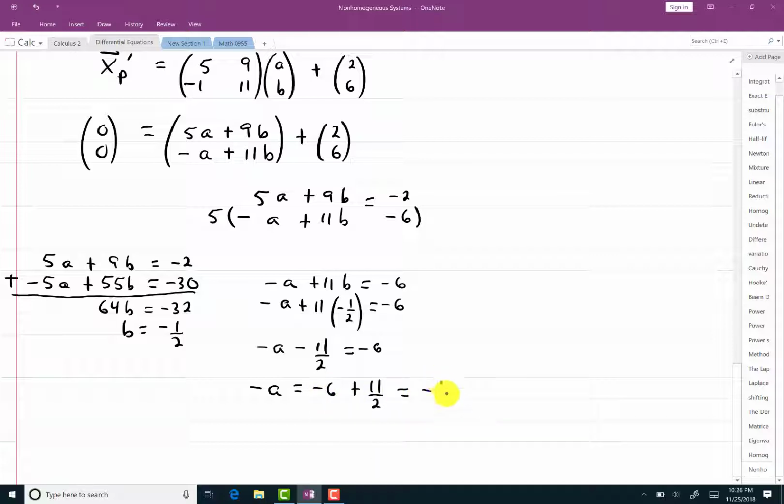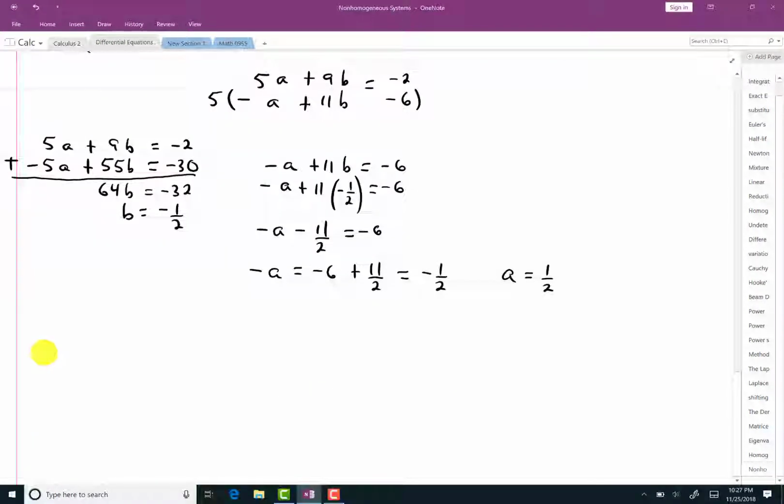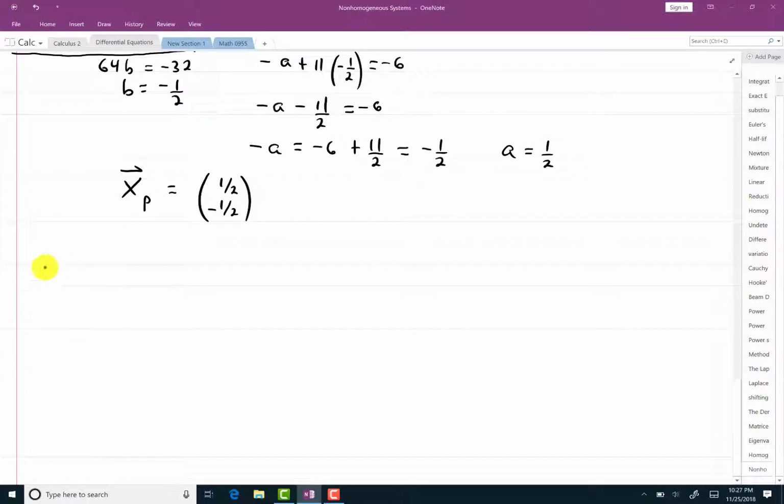So this will be negative 1 half, and so a will equal negative 1 half. And then I've got my x sub p. If I want my complete solution then, I'll put my x sub p out front.